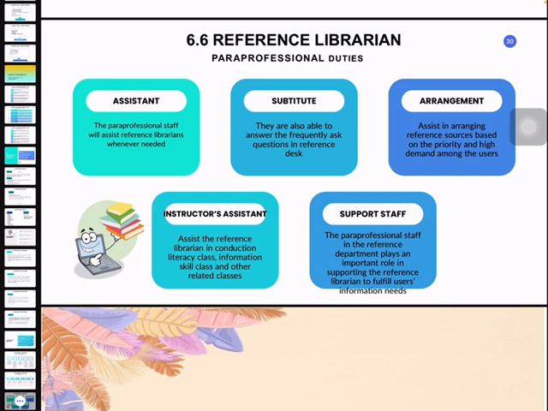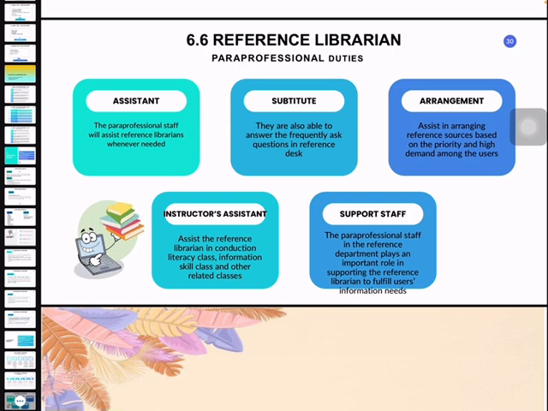Arrangement, assist in arranging reference sources based on the priority and high demand among the users. So paraprofessional staff, assistant librarian, library assistant need to know how to arrange the materials based on the priority or based on the highest usage of the sources.